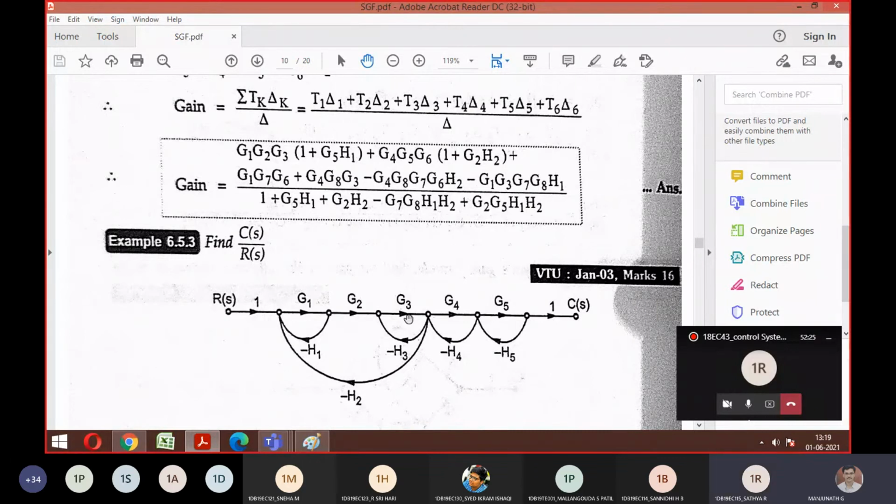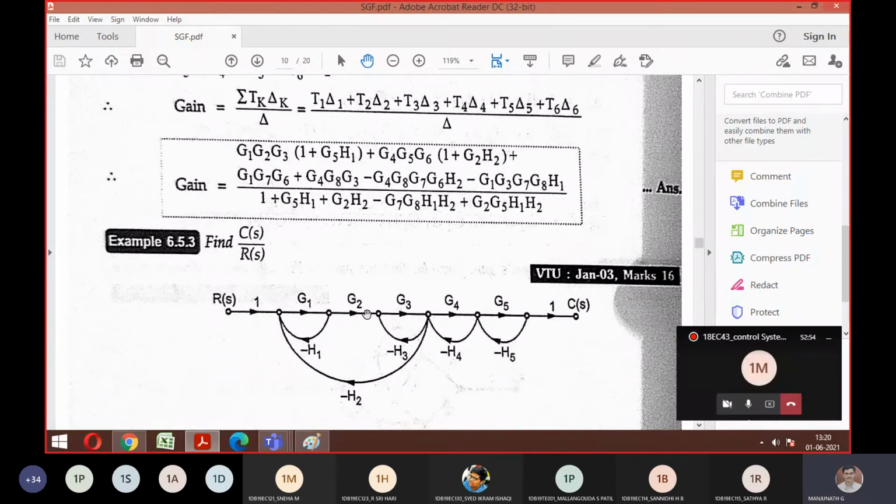Yes, sir, G5 also. Okay. Just one second. Fine. So if we trace some other, is it not taking? If we go with G1, if you come back to H1, again touching H1. So I think it will touch everything apart from the first forward path. Correct? Good. So you proved that K is equal to 1.